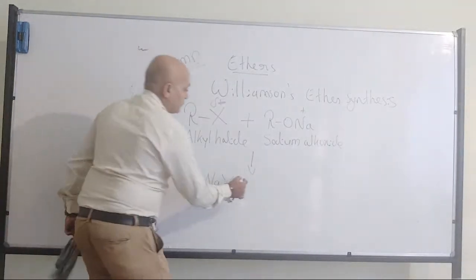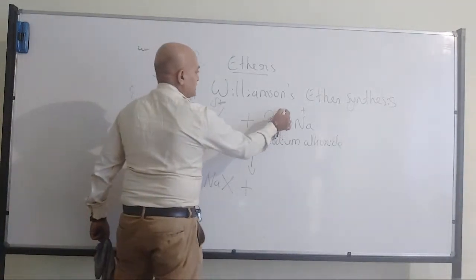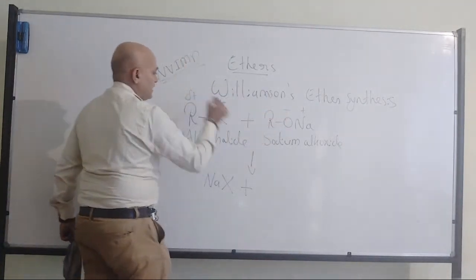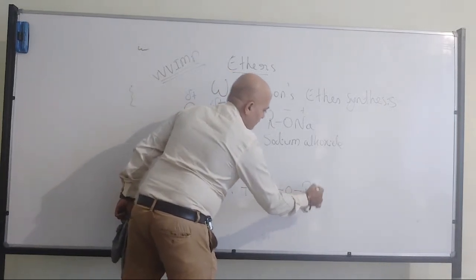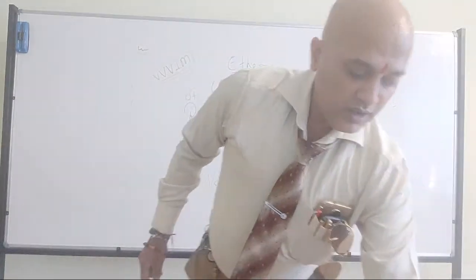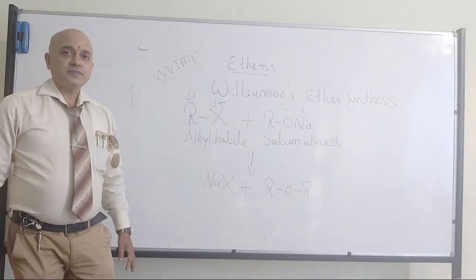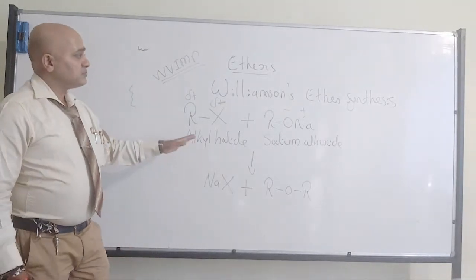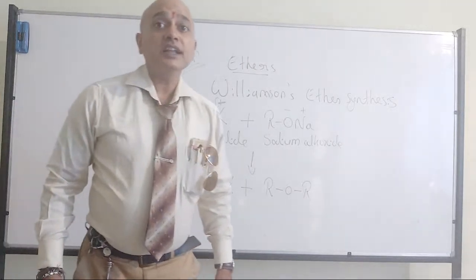Now this is delta positive, so this is negative. It will come with the positive. That's where there will be formation of ROR. That's where we have the reaction. So this is the basic reaction for Williamson's ether synthesis, the general equation.